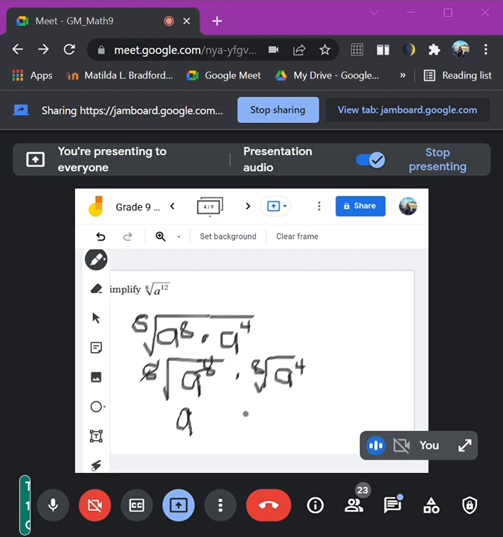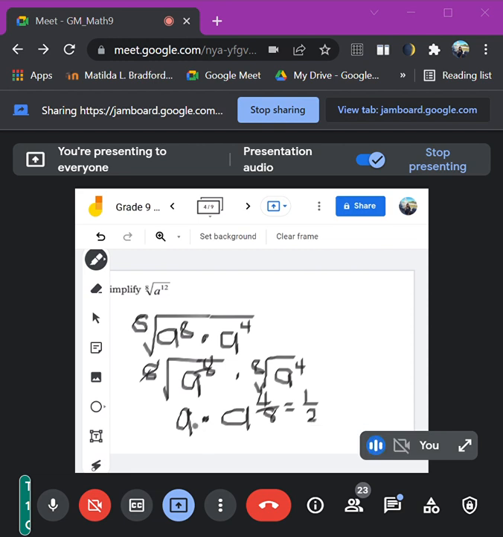But, if we're going to change it into exponential form, di ba, that is a raised to 4 over 8. So, meaning to say, ma-reduce pa siya class. Kay 4 over 8, that is 1/2.